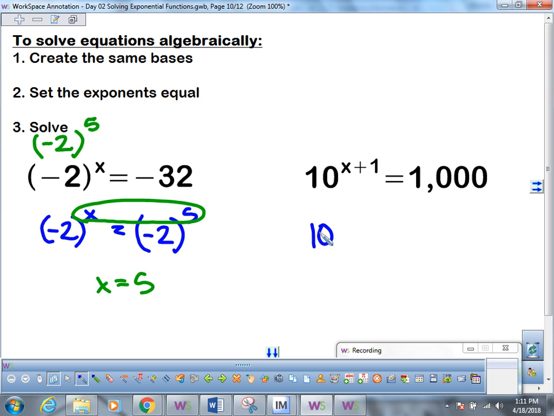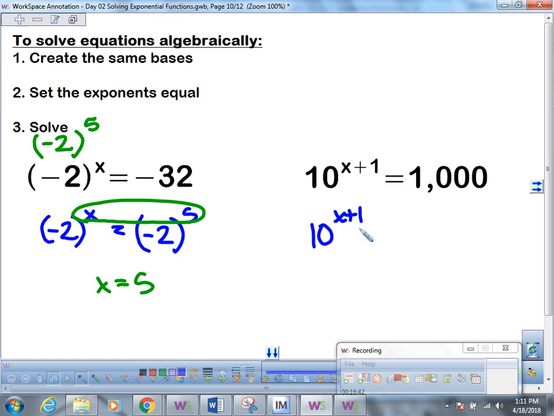This is 10 to the x plus 1. I know that there's also a 10 in there as well. Okay, if you get stuck here, don't second guess yourself. Go back and say 10 to the 1 is 10. 10 squared is 100, because 10 times 10 is 100.